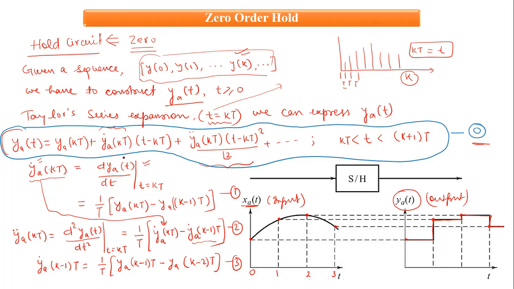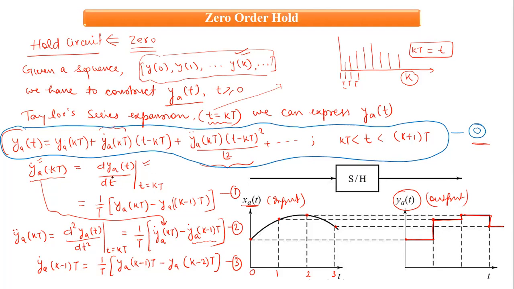So YAT can be expressed in this form: we have YAKT, then Y dot AKT, and so on. The Y dot AKT term is the second term, which is the first derivative of ya with respect to time about t equal to kt.